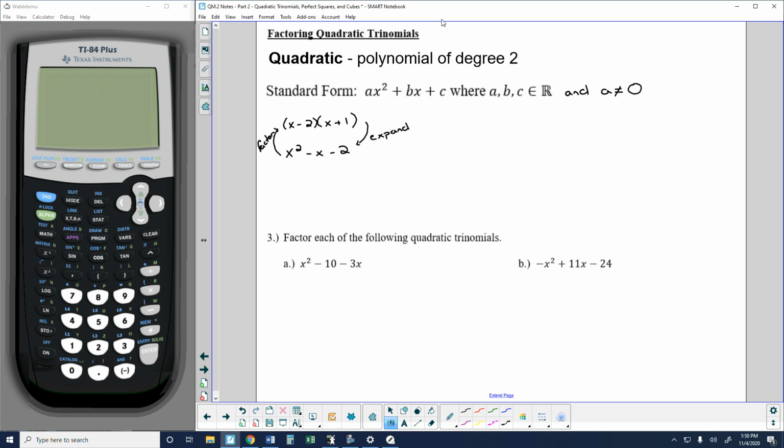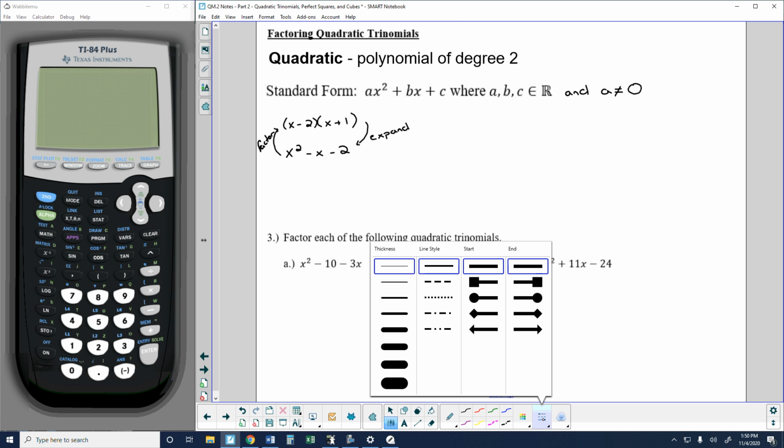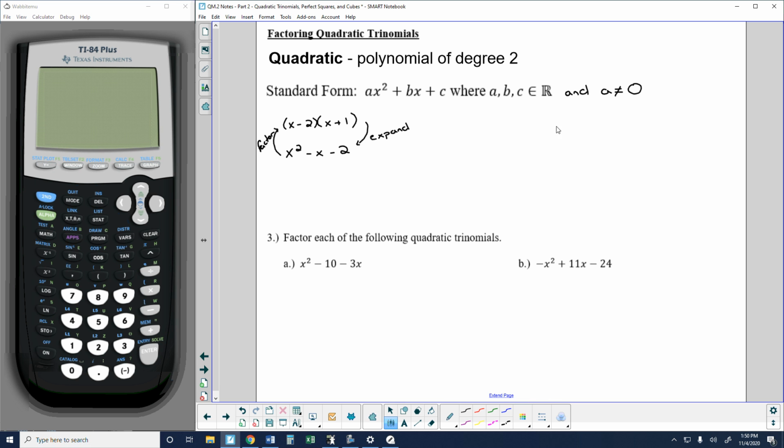There's a rule or a pattern that occurs when you factor quadratic trinomials. If we use this form ax squared plus bx plus c, this can be rewritten as px plus q times rx plus s.